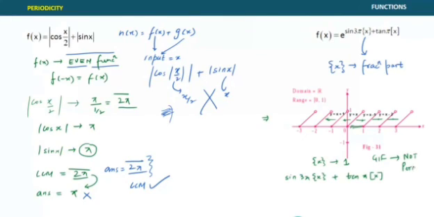If there is a non-periodic function added, this should become non-periodic, because the added component is non-periodic. So you will find there is a D option for this question that says non-periodic, and very quickly people will mark this, but this is not the answer.